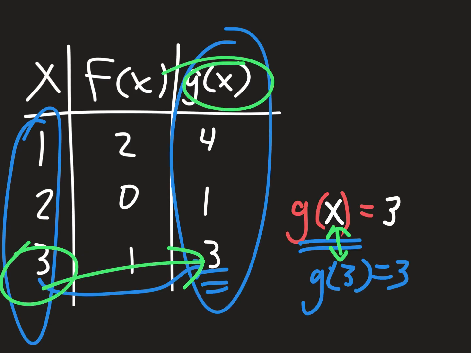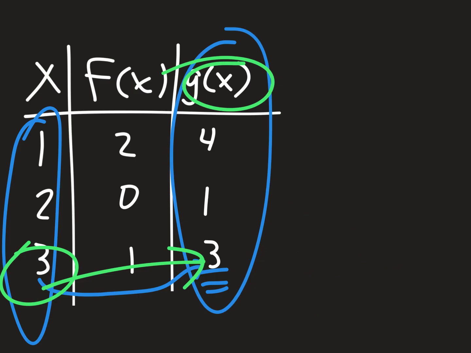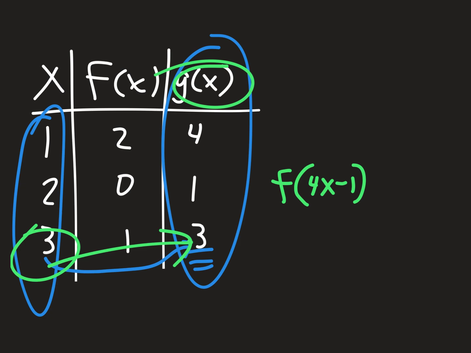Okay, next kind. The brutal kind where you need to scribble out the inside. See if you can do this. f of 4x minus 1 is equal to 2.